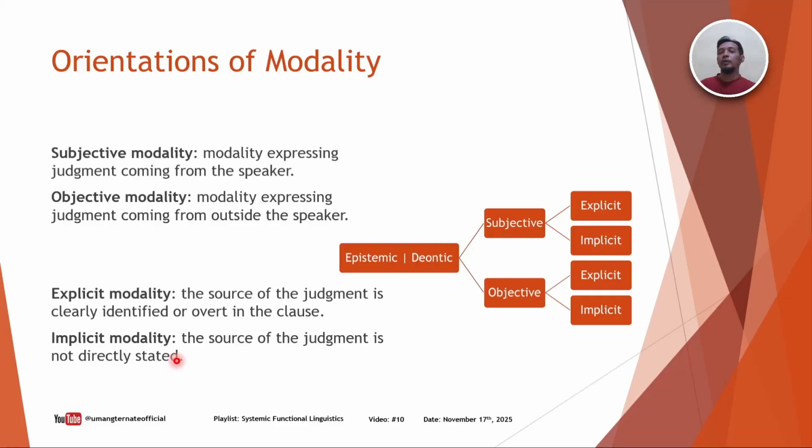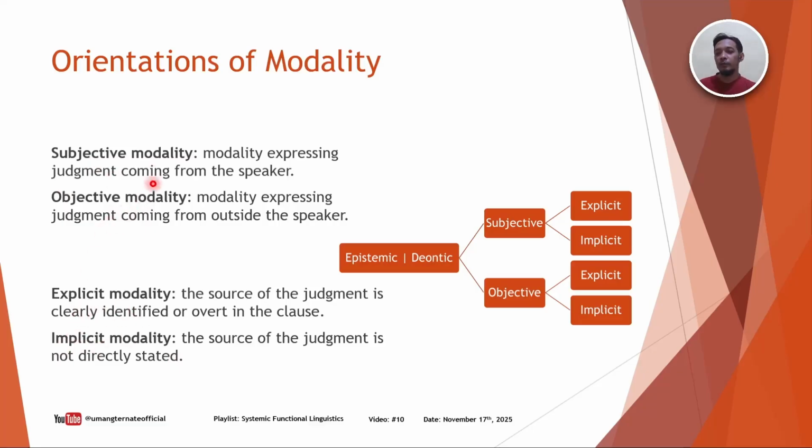So what we can conclude here is that there are two main categories, the subjectivity and the explicitness.